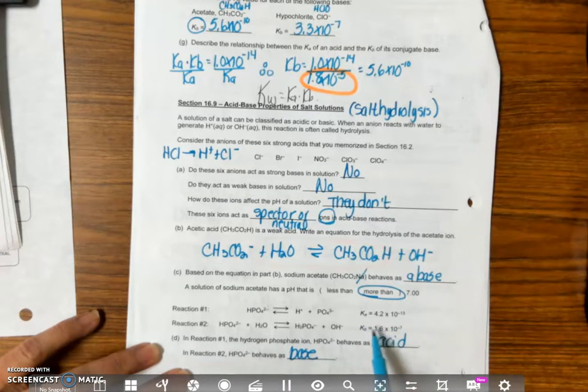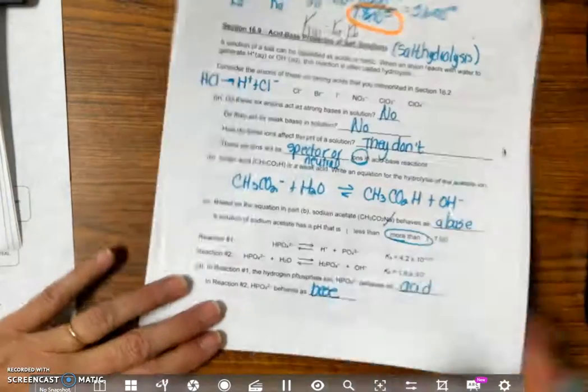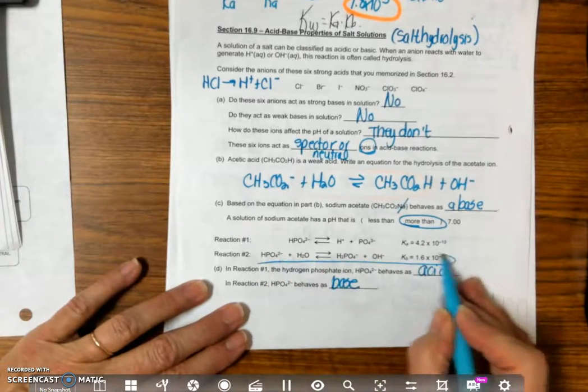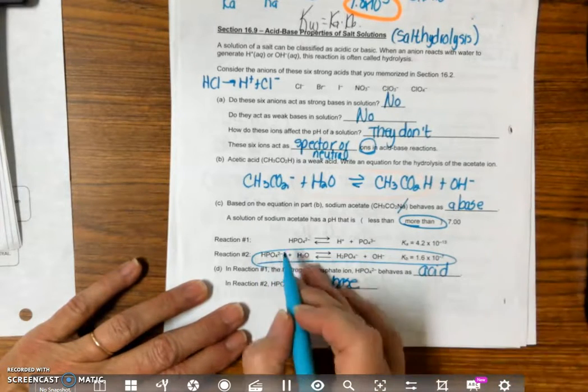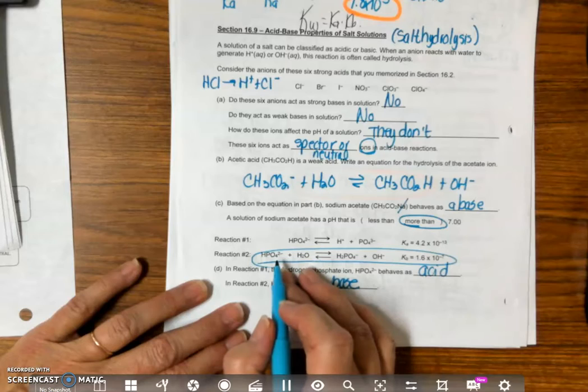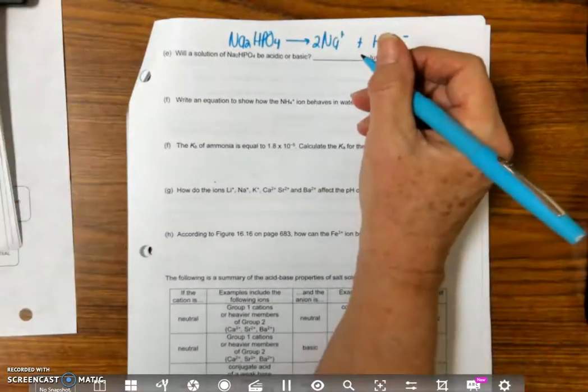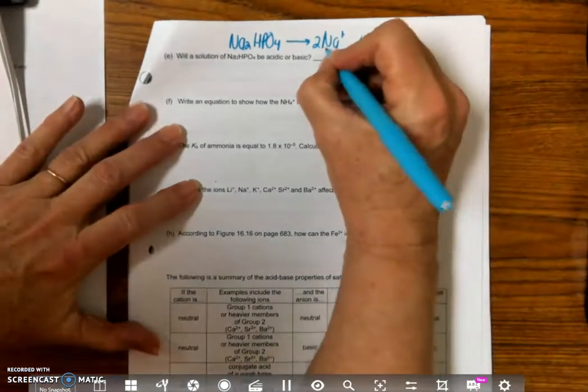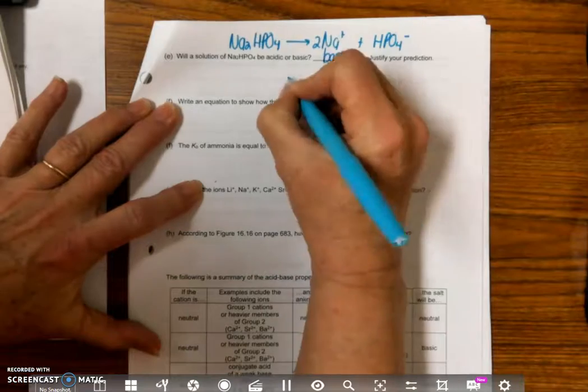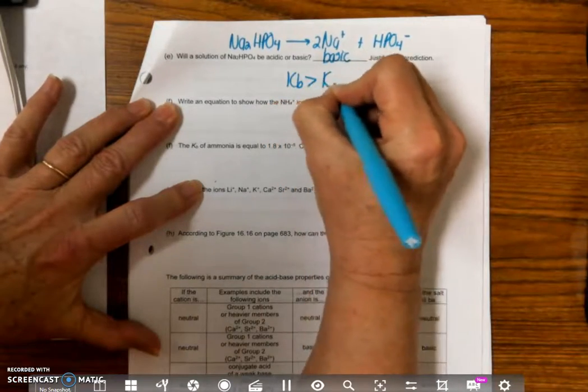Ka is much, much smaller than Kb, which means there's a preference for this reaction over that. So when I drop this salt in solution, it's going to act like a base. For that reason, this is going to be basic because Kb is greater than Ka.